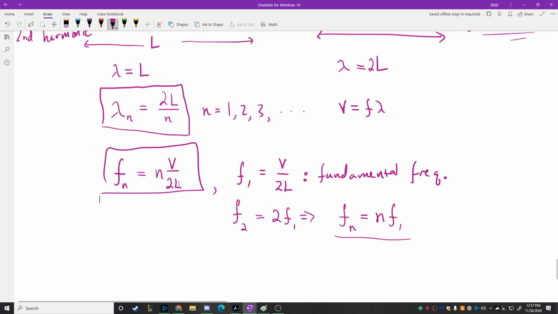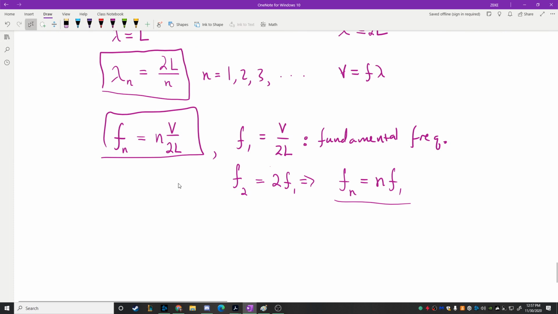And then finally, we can connect this back to the velocity, because we said before that the velocity of the wave on the string was equal to the square root of the tension divided by the mass density. So we can tie this all together to say that the nth frequency is equal to n times v over 2l, which I'll write as n over 2l times the square root of T over mu.